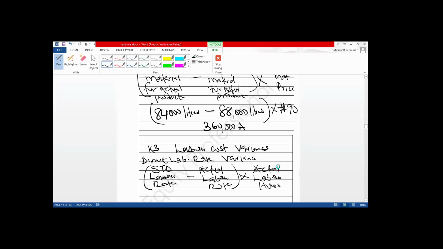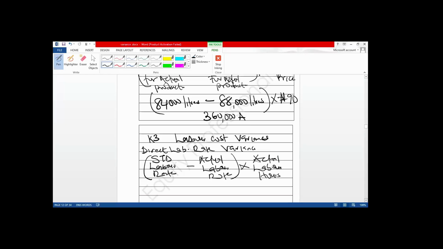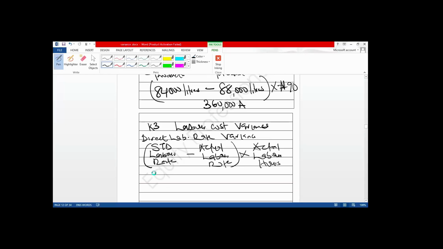If you go to your standard table, standard labor rate per hour is 120 naira. Actual labor rate paid 150 per hour. Multiply by actual labor hours, 21,000 hours.